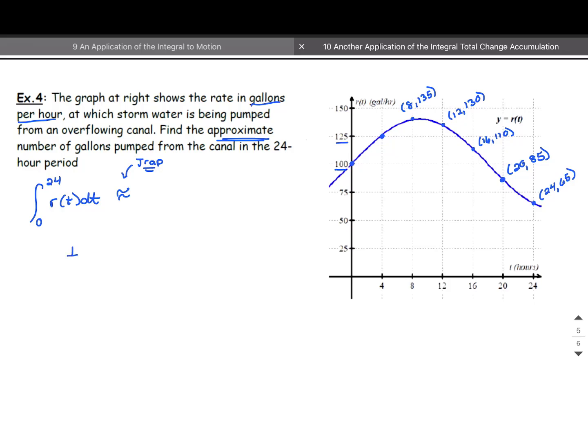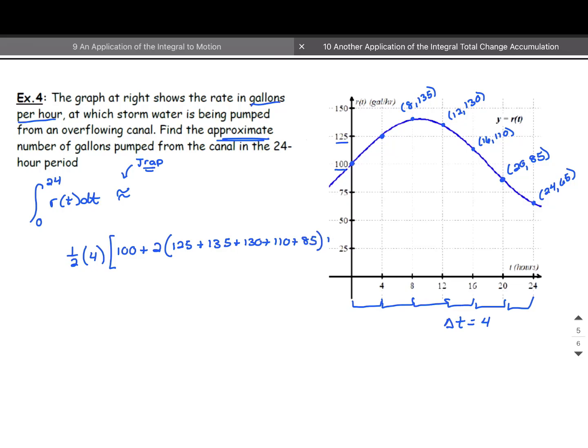Our trapezoidal rule is 1/2 times, what's our delta t's? We went from 0 to 4, 4 to 8, 8 to 12, 12 to 16, 16 to 20, 20 to 24. The delta t on each of them is 4. Awesome, we can do this in one step. So our delta t times our function value at time 0 is 100, plus 2 times our function values at 4: 125 plus 135 plus 130 plus 110 plus 85.